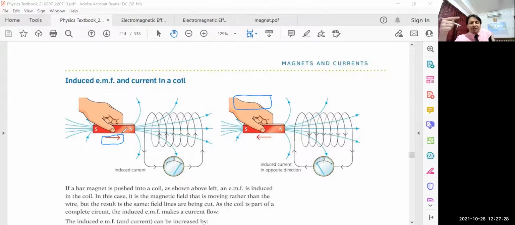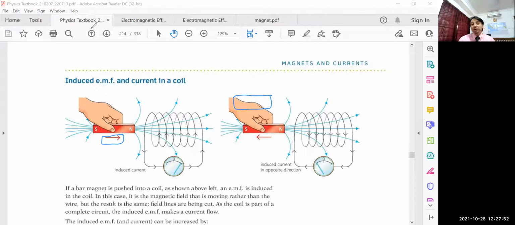Now, what is the factor? What factor is responsible to induce a current in a coil, children? Ethan, what factor is responsible for the current induced in this coil? Who is responsible? Class students, anyone?